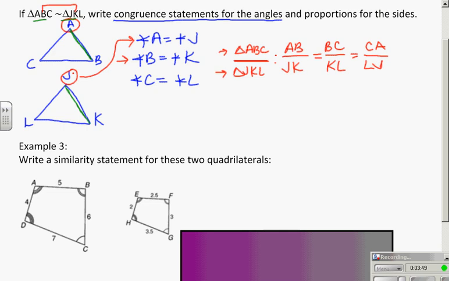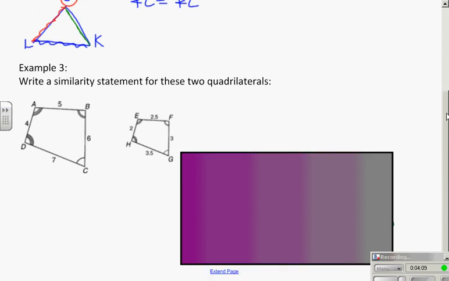I'm going to do triangle JKL measurements on the bottom, and then I set up my ratios. Side AB relates to JK. Side BC relates to side KL. And side AC relates to JL. And I set up my proportions for the sides.